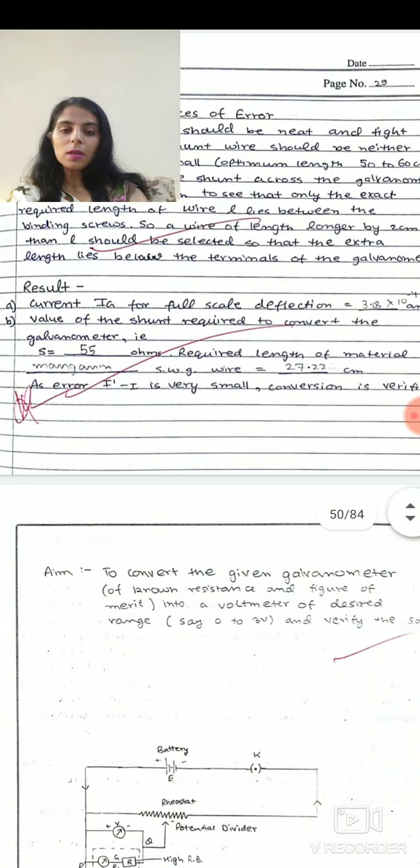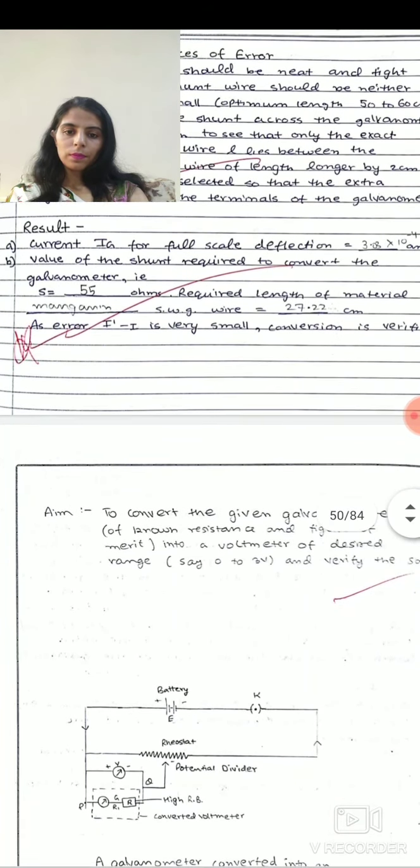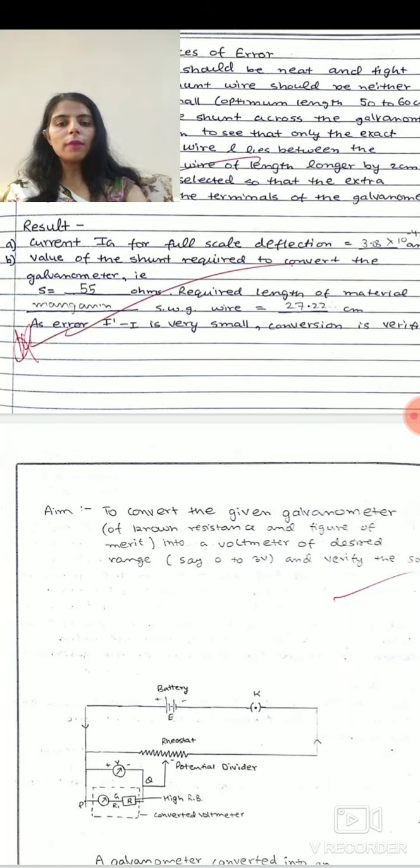Next experiment is to convert the given galvanometer into a voltmeter of desired range. For this session, you have choice in these two experiments: to convert the given galvanometer into an ammeter and to convert the given galvanometer into a voltmeter.